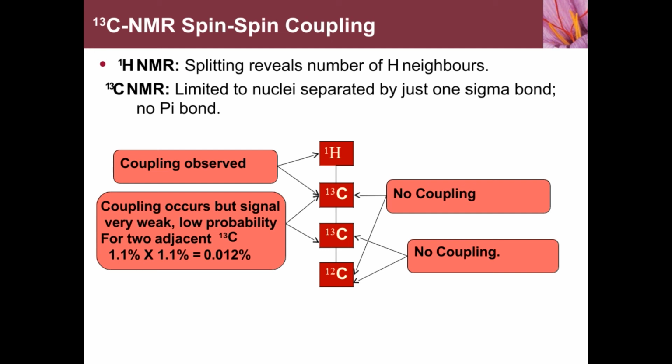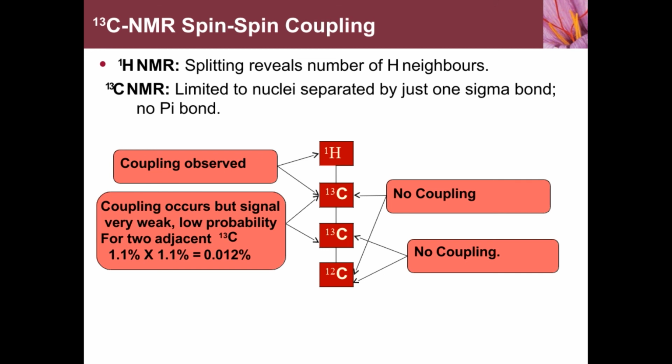The H1 and C13 coupling is observed because the abundance of H1 is 99% and C13 is only 1.1%. Coupling occurs between C13 and C13, but it is very weak because their abundance is very low, so the probability is very low. For two adjacent carbons, the abundance is 1.1% times 1.1%, which is about 0.012%.